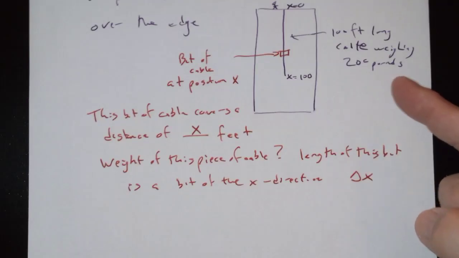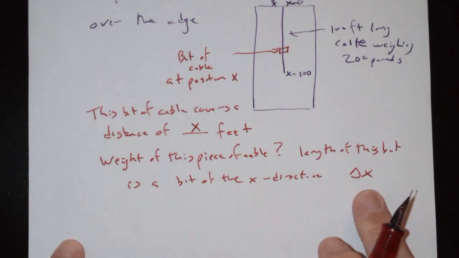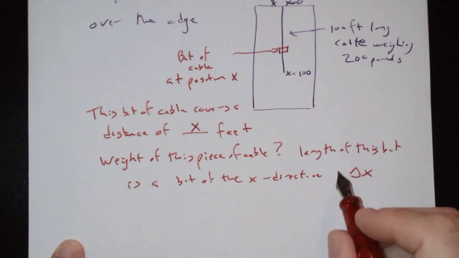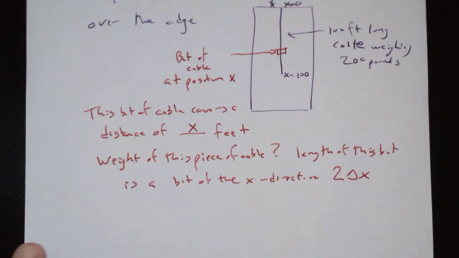Each cable foot is, okay, wait a minute. That means that it's 2 pounds per foot times the number of feet. This is the number of feet of my piece of cable. So we're doing 2 pounds per foot. Force times distance.